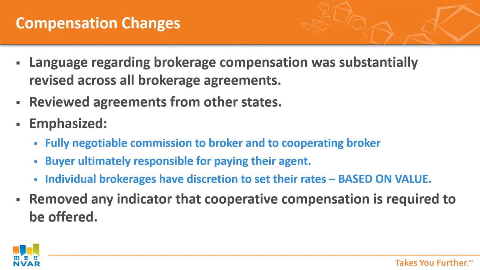But a lot of people would skip over that first part and not be sure who pays, but it is the buyer, they're signing the agreement. And also that individual brokerages have the discretion to set their own rates based on value and expertise of that agent. And we also removed any indicator that cooperative compensation is required to be offered.